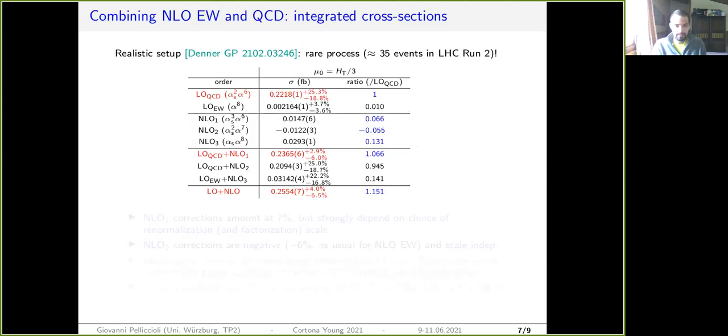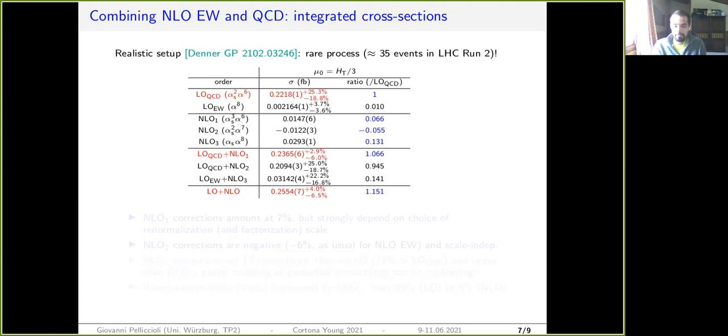We computed TTW production in the off-shell case, considering the previously shown final state in a realistic setup. So to say, as close as possible to the kinematic selections that ATLAS made in their latest measurement of TTW.